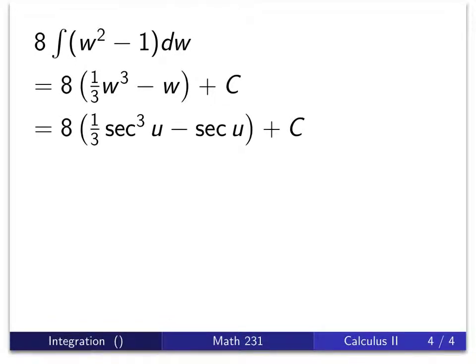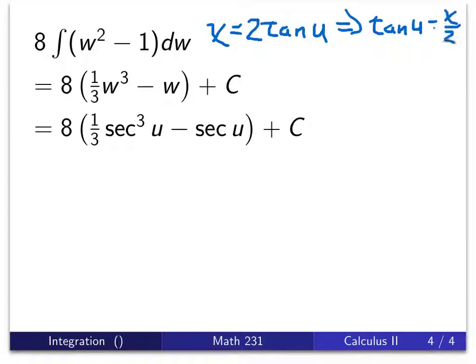So we get 1/3 of the secant cubed of u minus the secant of u. But we need to remember now that x was 2 times the tangent of u. If I solve this for the tangent, we get the tangent of u is x over 2.